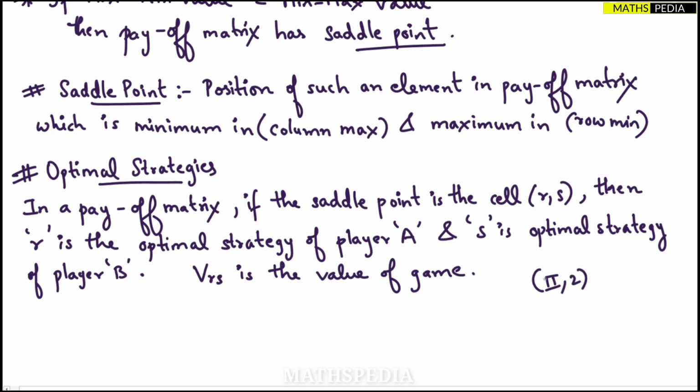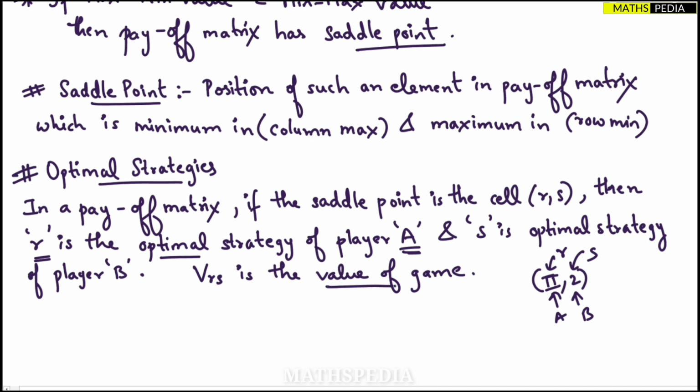This is player A and this is player B, then R is the optimal strategy of player A. R is this, and this is S. So the first one is the optimal strategy of player A, the second one is the optimal strategy of player B. That means from the saddle point you can find the optimal strategy of player A and of player B.